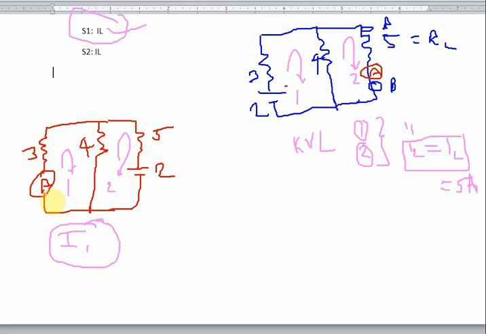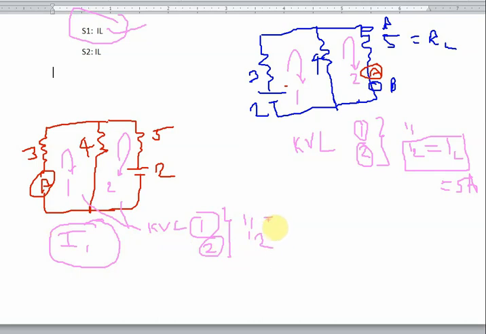Theoretically, what to do? As usual, from loop number 1 use the KVL method to write equation number 1, and from loop number 2 write equation number 2. Then simplify using the calculator to get I1 and I2.